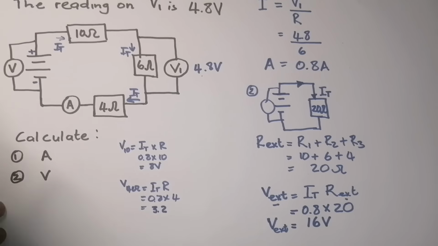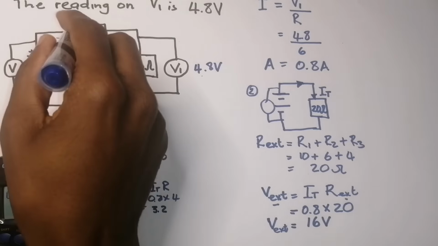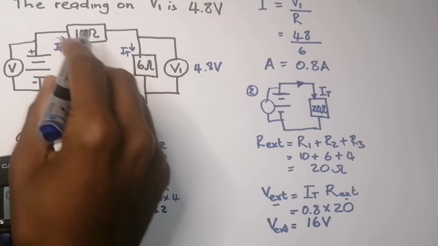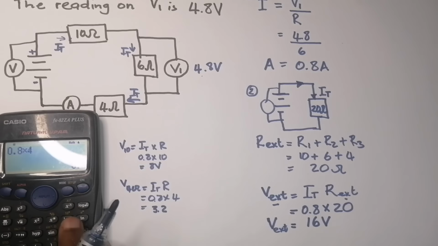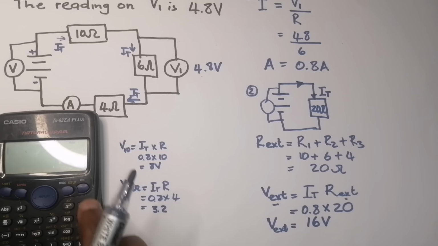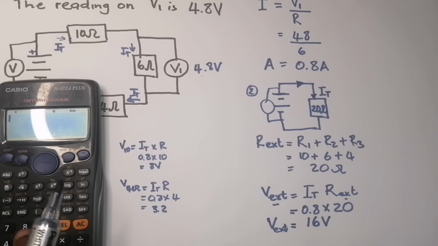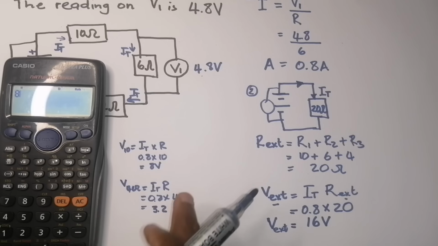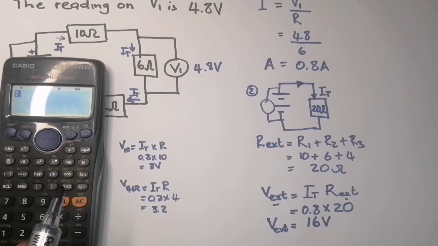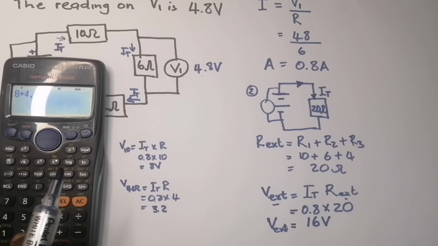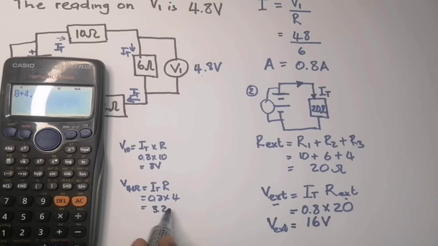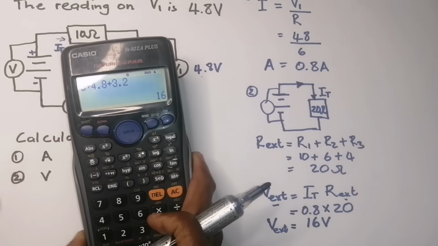Let's check if all of those voltages combined actually give us that 16 there. So I've got the voltage across the 10 ohm resistor, we said that's 8, plus the voltage across the 6 ohm, plus 4.8, plus the voltage across the 4 ohm, I forgot to put the SI units there, plus 3.2, so that gives us 16.